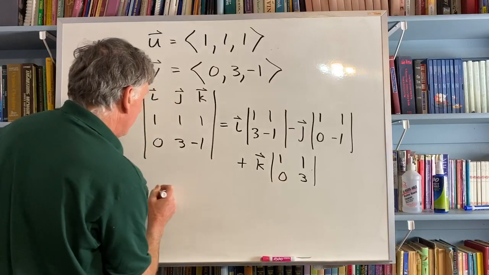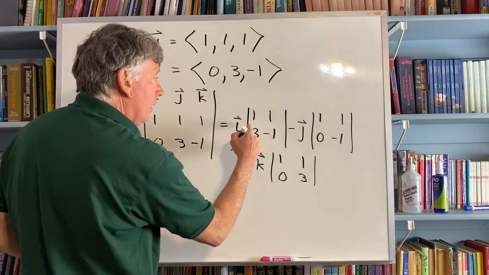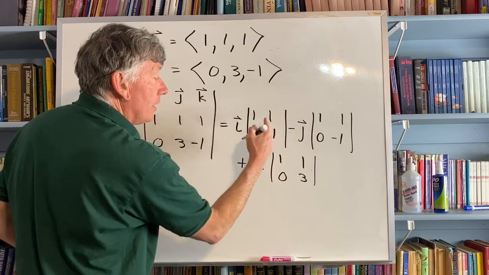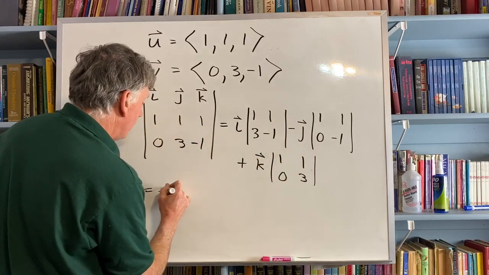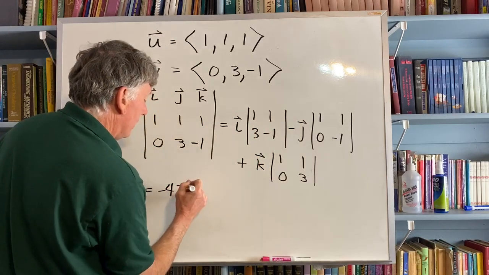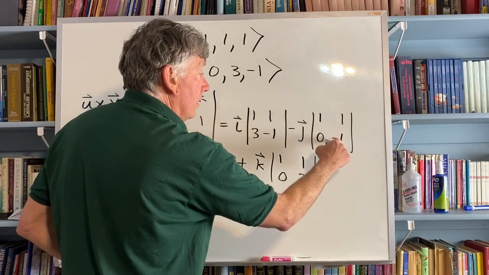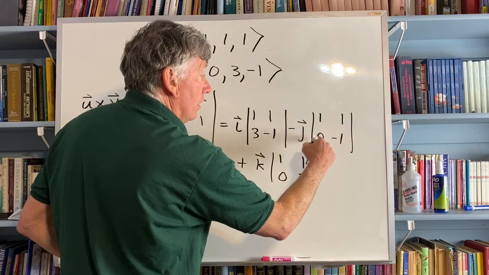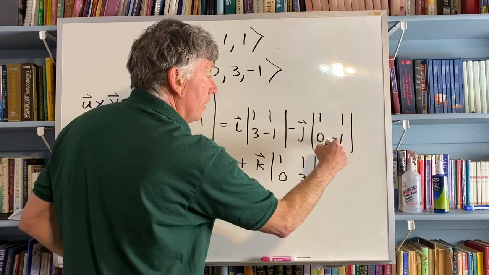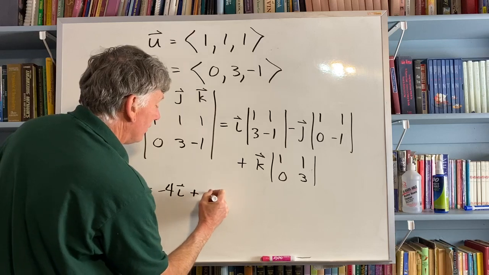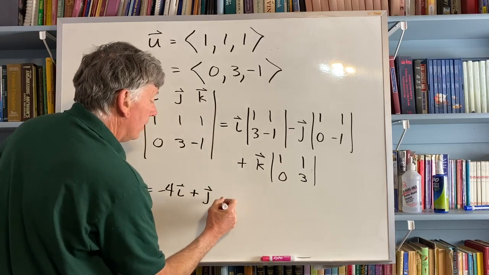This becomes 1 times negative 1 is negative 1, minus 3 is minus 4, so minus 4i. This becomes negative 1 minus 0 is negative 1, but I've got a minus sign right here, so this becomes a plus j.